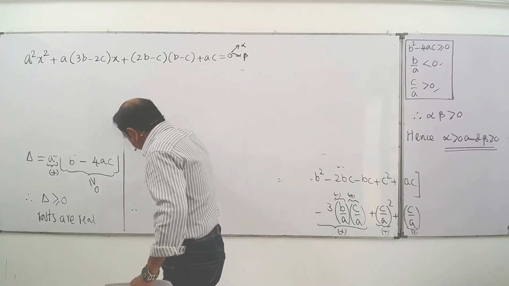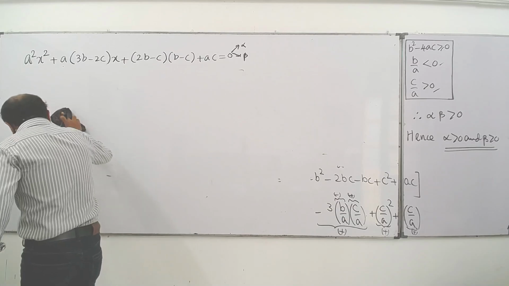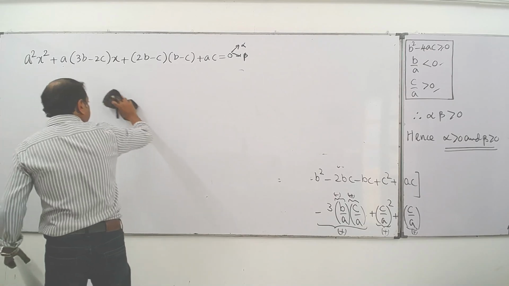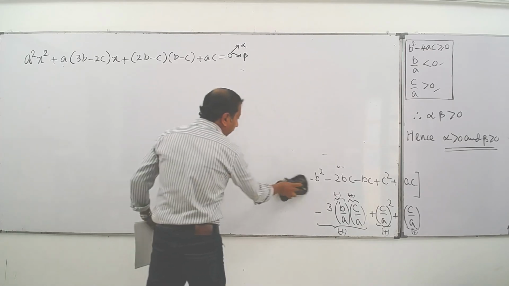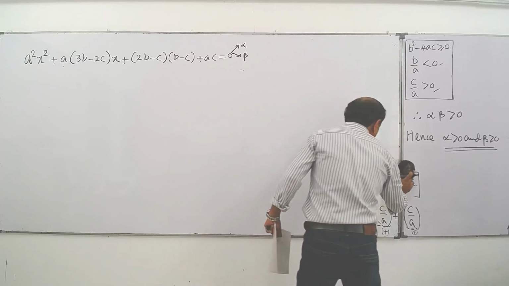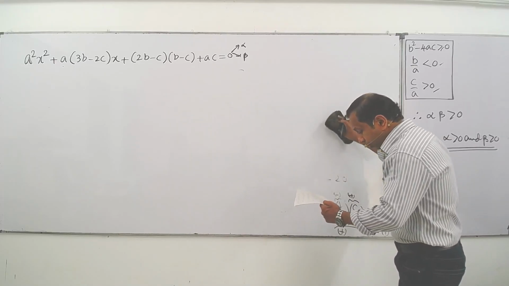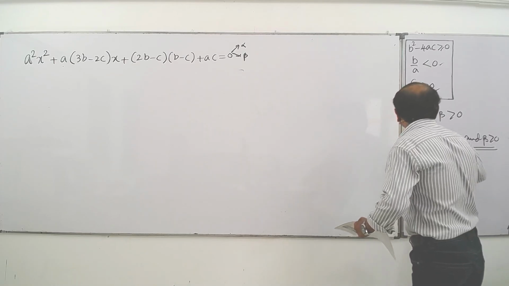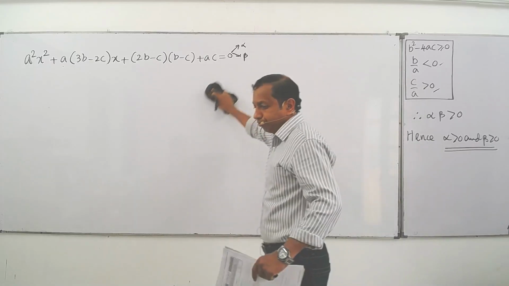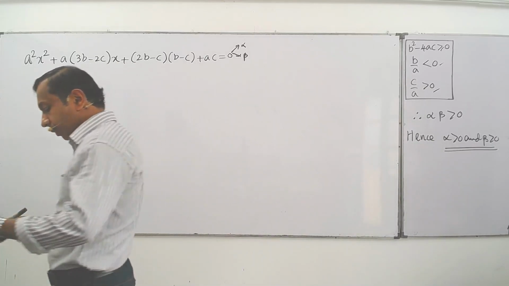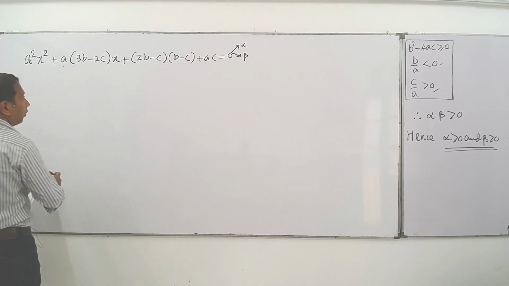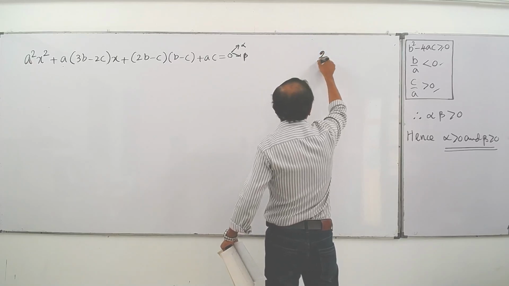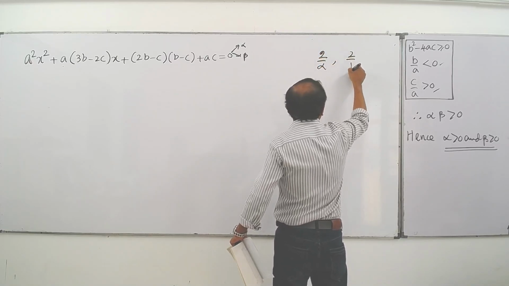Roots are alpha, beta, no? I'm going to take the two roots asked: 2 over alpha is one root, the other root is 2 over beta, right?